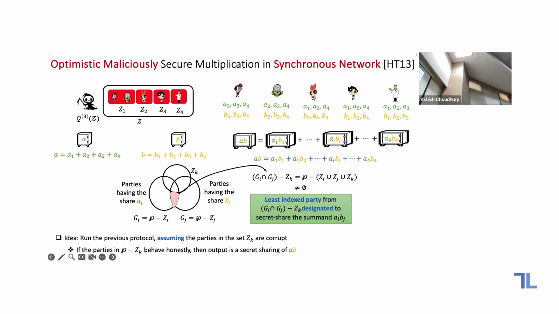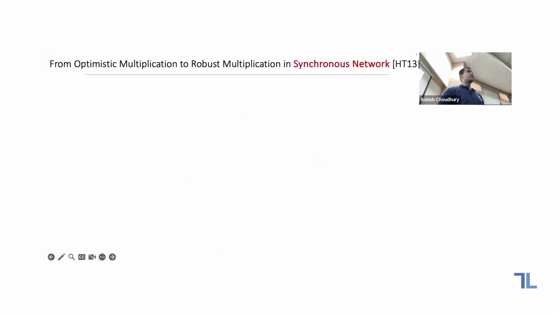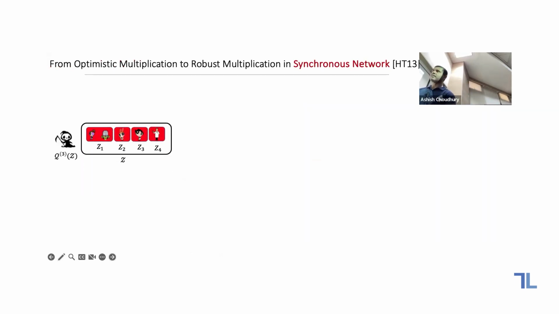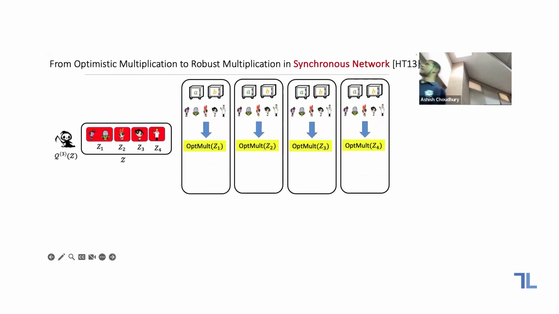But if in this kth instance, the adversary has not compromised the kth subset, but some other subset, we may have a different result, and we don't know what the situation is. So how are we going to identify whether the optimistic multiplication protocol has succeeded or not? We are running multiple instances of this optimistic multiplication, where in each instance we are ignoring one subset from the adversary structure.